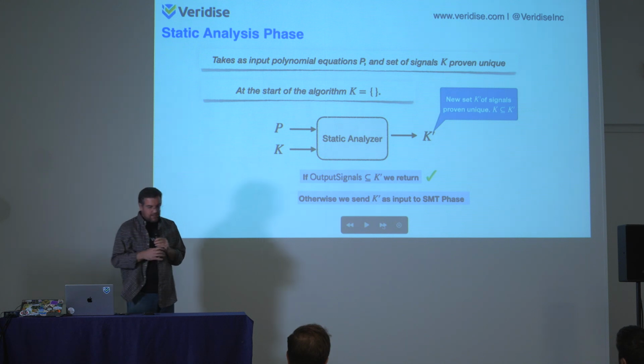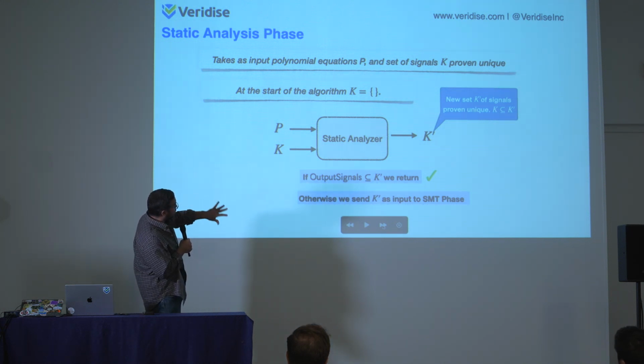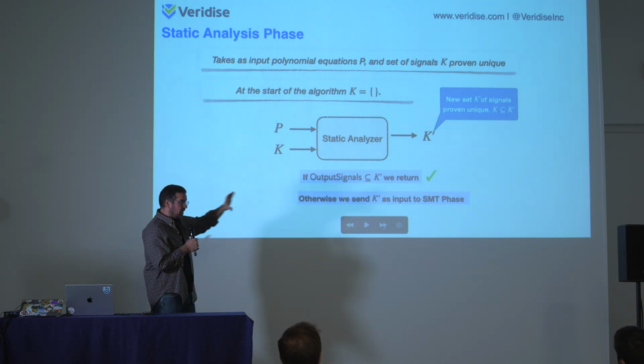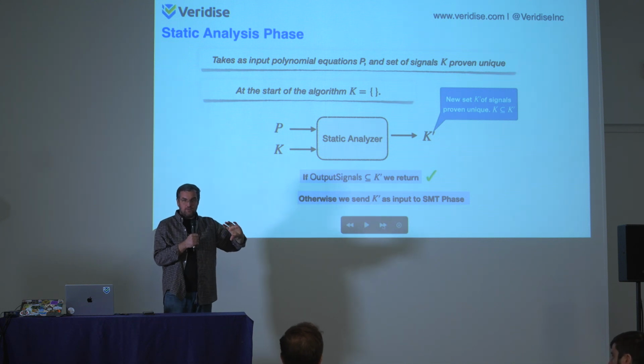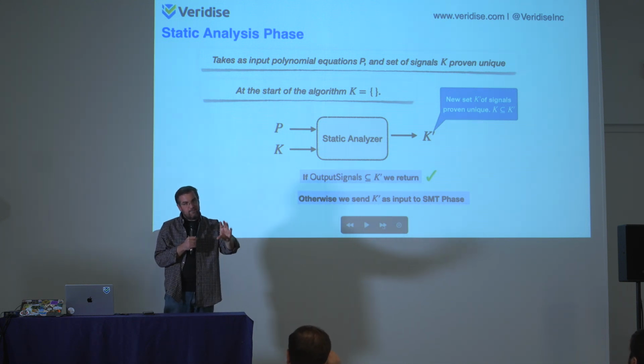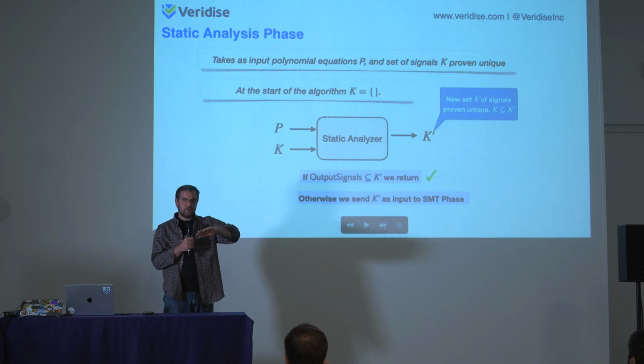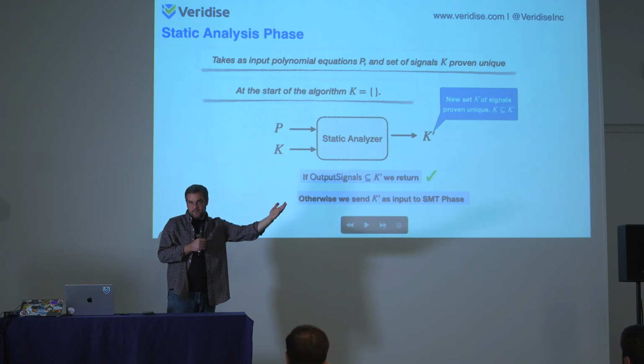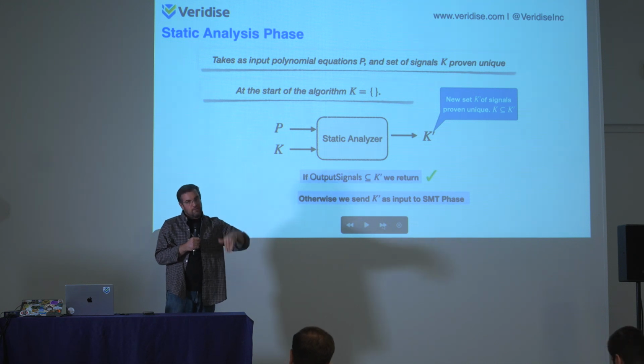So what it does is it has an interactive loop, basically, where you have a static analyzer and you have the SMT tool. First of all, one of them runs, and when it gets stuck somewhere, it gives its partial output to the other, let's say, to the static analysis tool, which will run on it. And once it gets stuck, it will pass back the task to the SMT solver and so on.